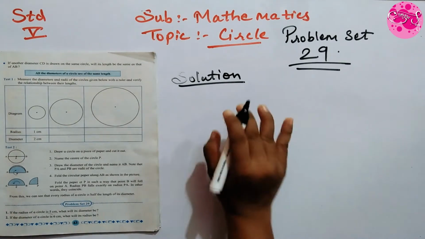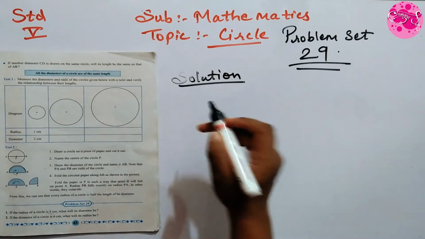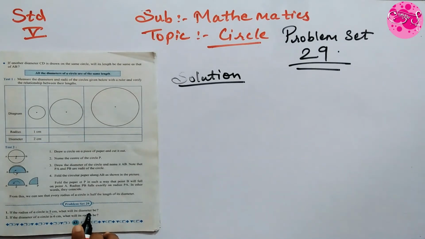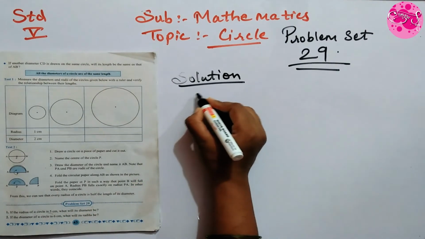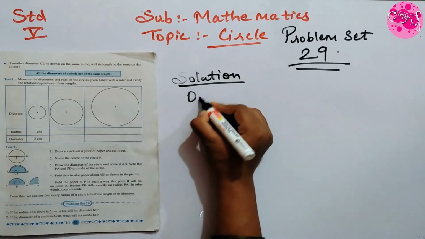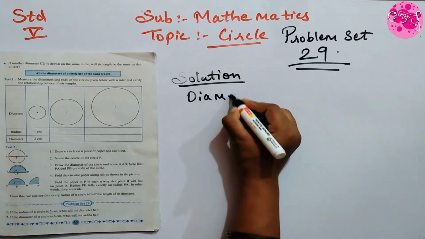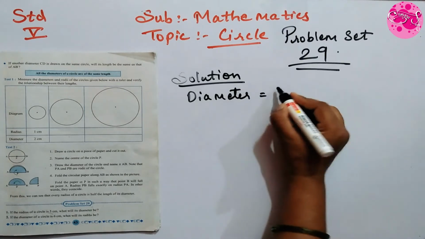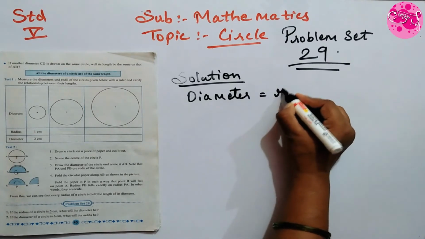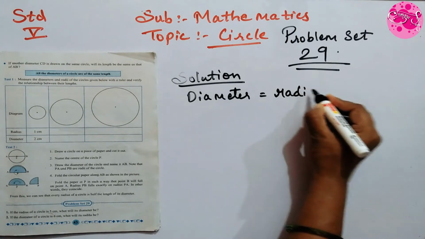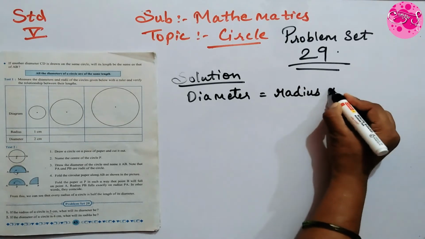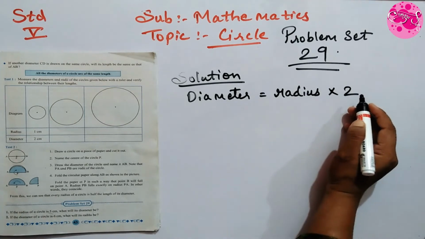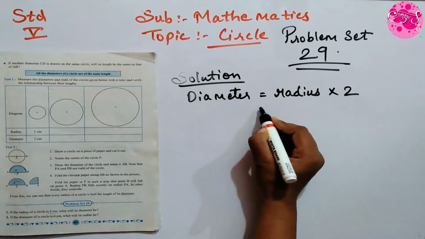we have to write the formula here, that is, what they have told us to find out is the diameter. So we have to write the diameter formula, that is diameter is equal to radius multiplied by 2. So here radius is given, that is 5 centimeter.